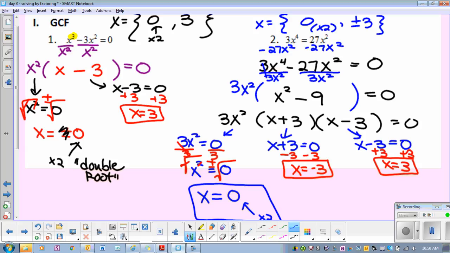How many solutions do I have here? 1, 2, 3, 4. And does that match my degree? Yes. So this is just a review, right? All I did was combine it there, but you could write it as -3, comma, positive 3. So just to review, more factoring.